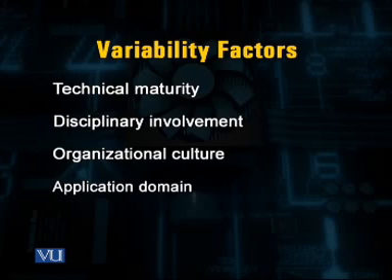The fourth and the last variability factor is the application domain itself. Some application domains are very difficult, are complex compared to others. For example, irrigation engineering is a complex domain. Compare that to a library information system, for example.